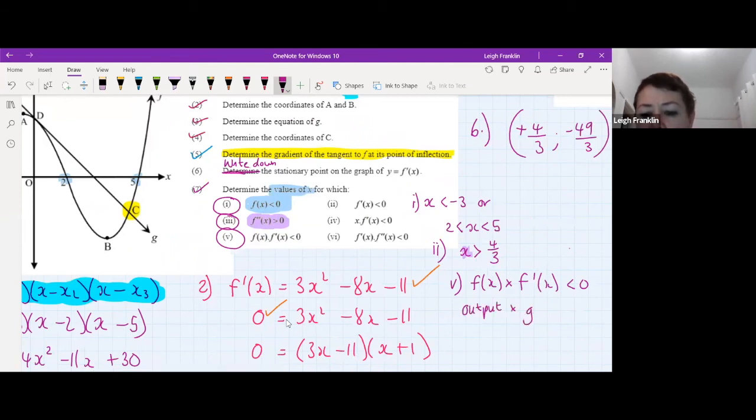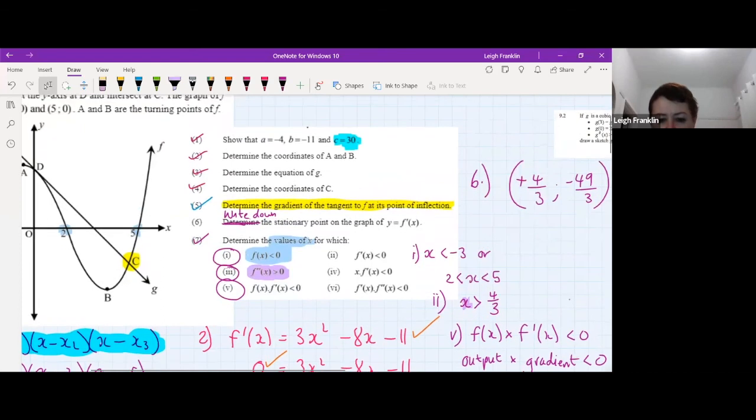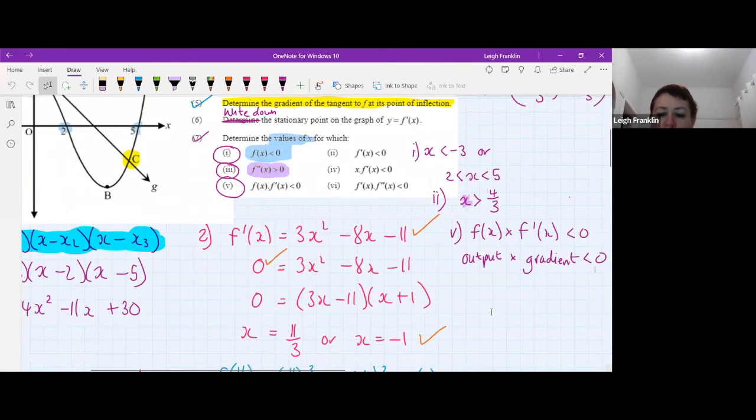Output times gradient is smaller than 0. Now remember, these are numbers. Output is a number, a measure of something. So is gradient. So now we're multiplying two numbers together and we want a negative outcome. So now back to grade 8. When we want a negative outcome, either one has to be negative while the other one is positive, or where the one is positive, we have to look where the other one is negative.